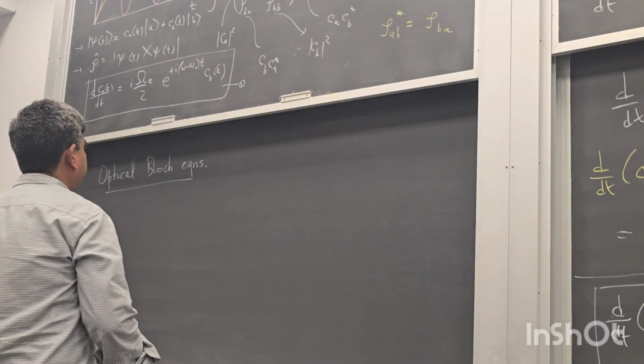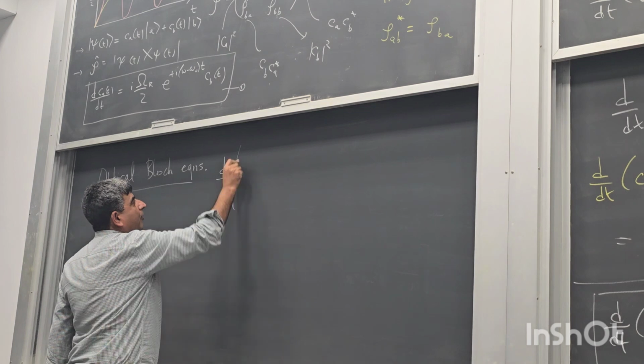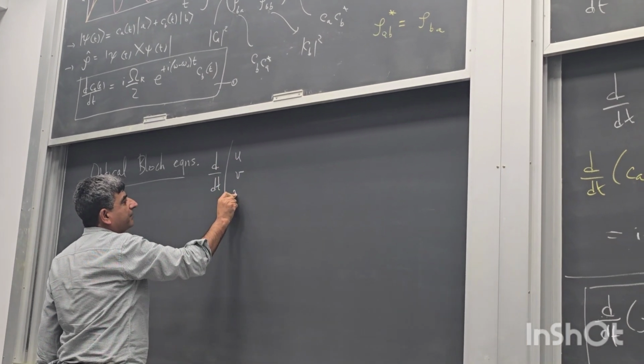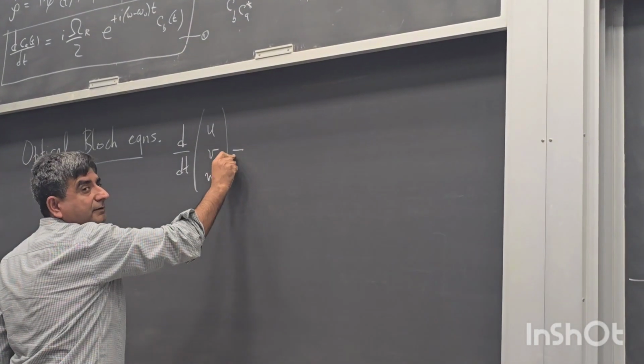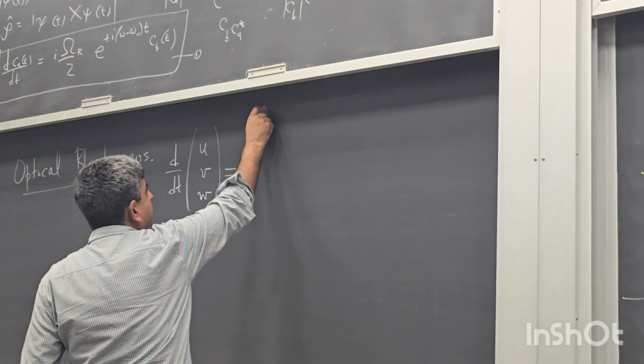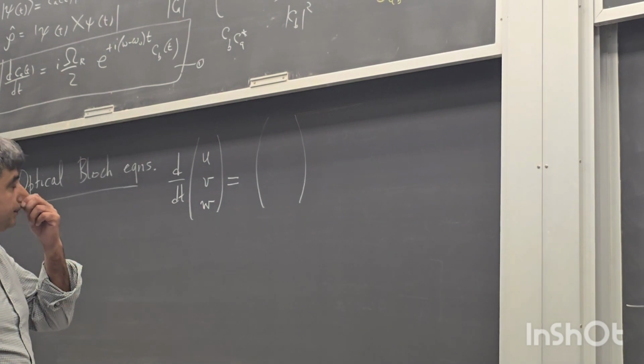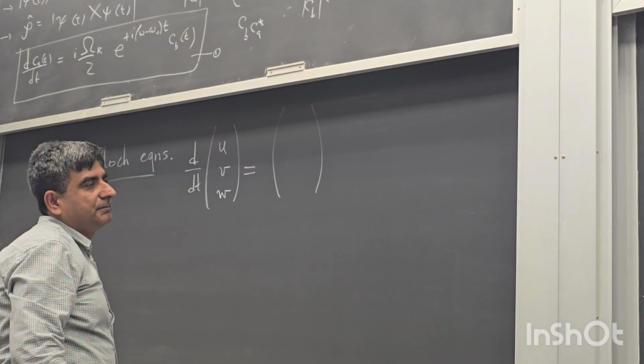And if I want to write them, I can write them as d by dt of U, V and W. This is given by a vector.